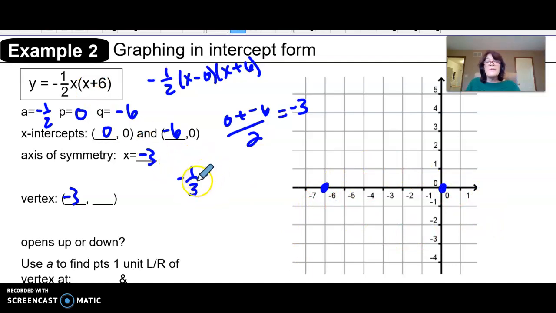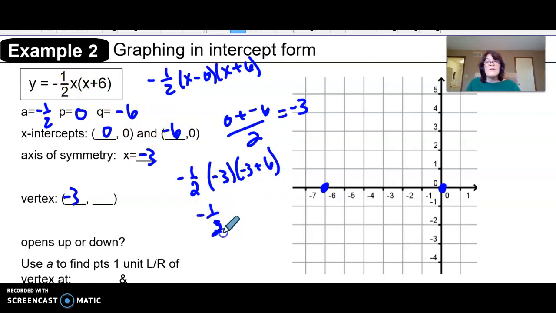Instead of guessing, I'm going to stick -3 in for x. So I have -1/2 times -3 times -3 plus 6. I stuck -3 in for x here.